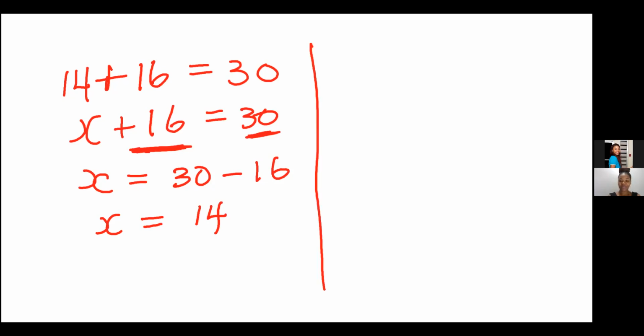Let's try another one. If y minus 2 is equal to, oh no, this is an error. If y minus 8 is equal to 10, then I have to remove the minus 8 and send it across and do the inverse operation.